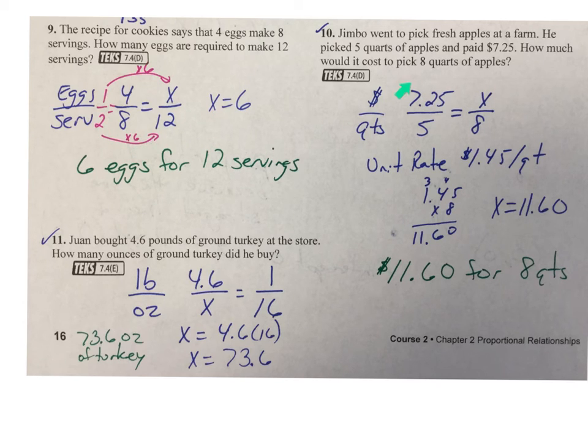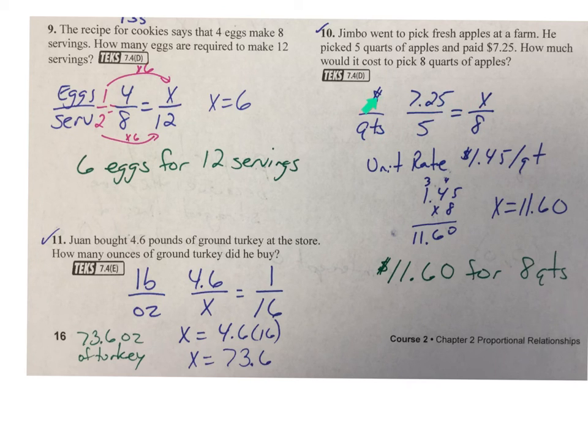Number 10 got compared to quarts and dollars. Now, as a rule, I always put dollars on top. That is not a must. It's just my preference. So 7.25, and that's next to the dollars, and 5 quarts. So that's next to the quarts. Your unknown is how much it will cost.